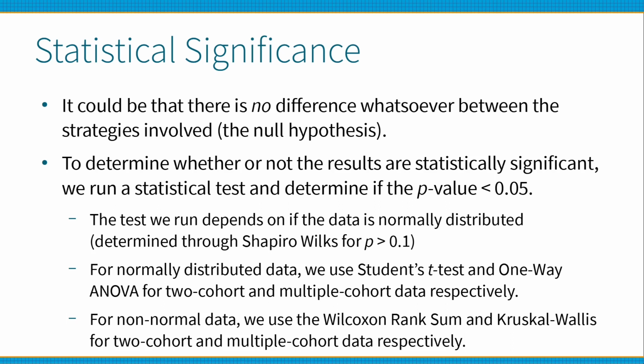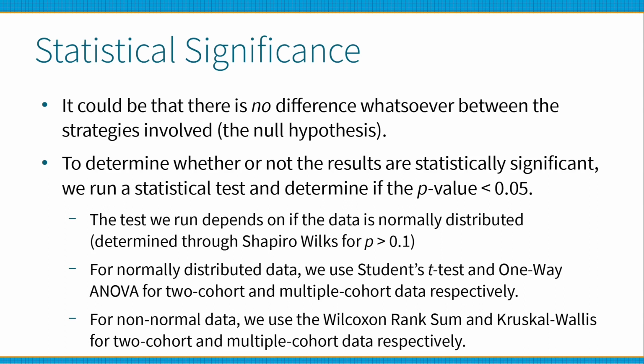Now, the p-value is the probability that the observed results are at least as extreme as they would be under the null hypothesis, and in this case that means there's no significant difference. So when p is less than alpha, which in our case is 0.05, that means that the likelihood that it occurred under control conditions is small, and we could say the result is significantly different.